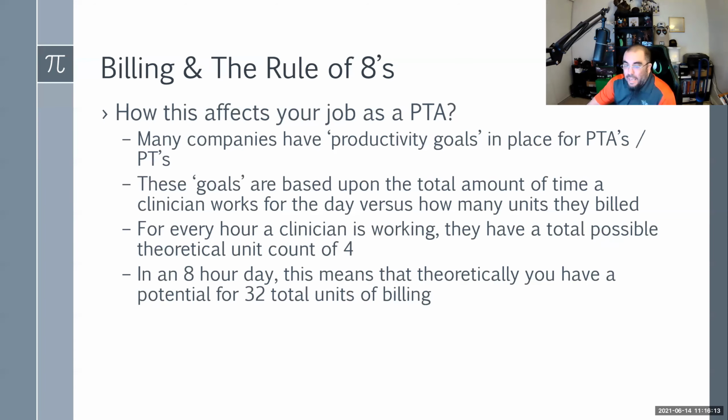But the idea is that in a set day, you should bill so many units in order to meet productivity standards. The hospital that I was director of rehab at here in town initially had 100% productivity standards, meaning that if you were in for 8 hours times 4 units per hour, you better have 32 units. It's all about revenue. You're right, Stephanie. You better have 32 units at the end of that day.